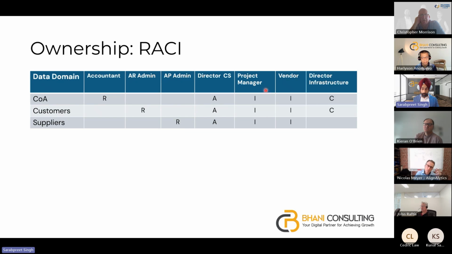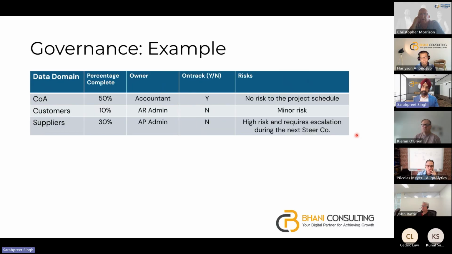They keep the project manager and vendor informed. They must be consulting the director for infrastructure. Just an example, but it tells who should be consulted, who should be informed. So we have things in order. Again, this sets clear ownership, and then we have an example of governance where now we have a strategy, schedule, RACI matrix.